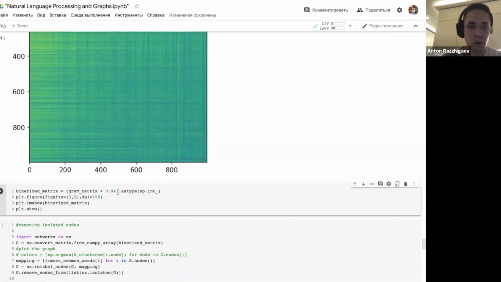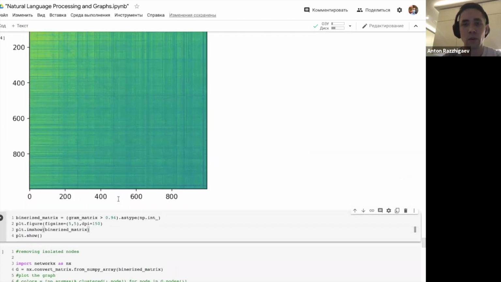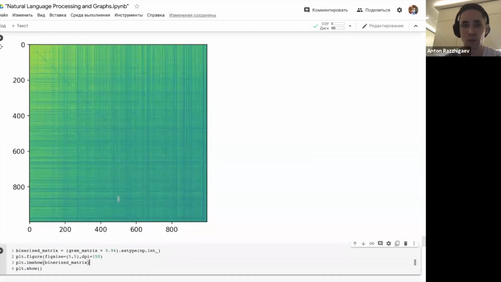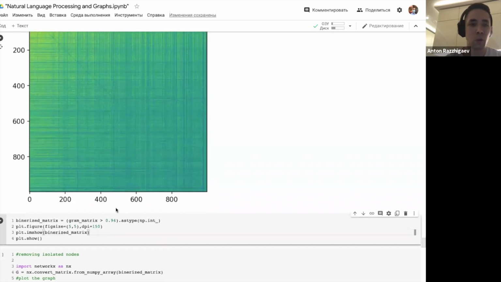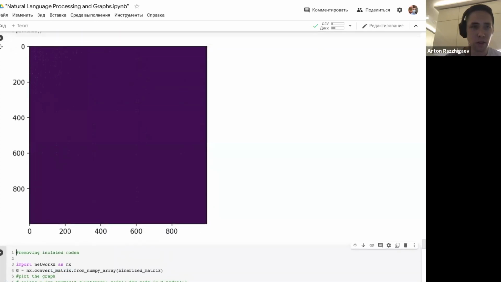To make it more readable and reduce the number of edges from fully connected to some smaller set, we can binarize this matrix. We just leave only those elements which are larger than 0.94, or we can put any number from 0 to 1 here. And now we make these elements equal to 1, and all other elements are equal to 0.